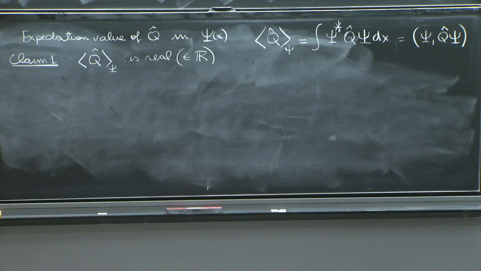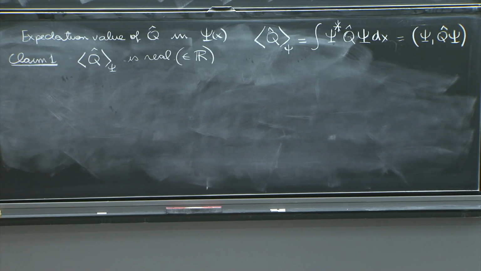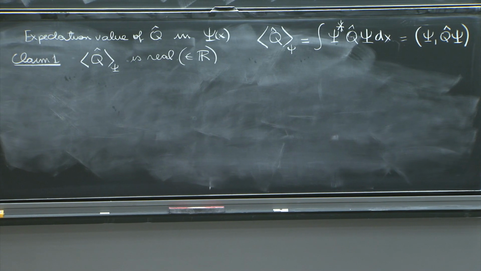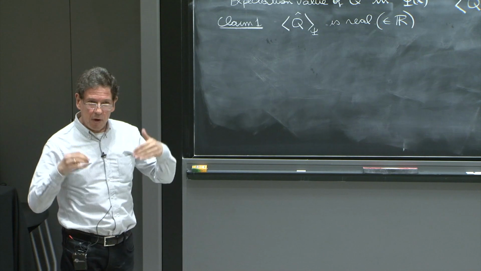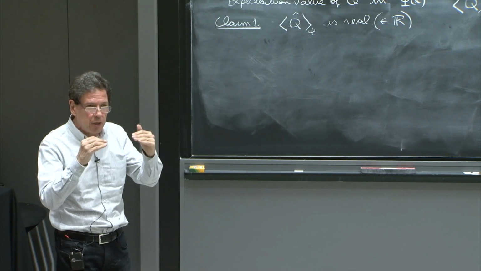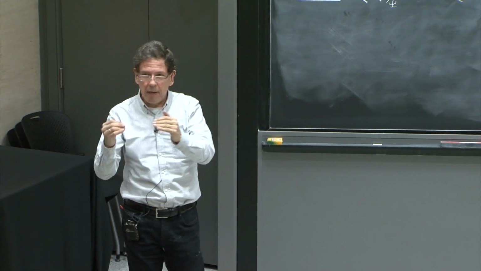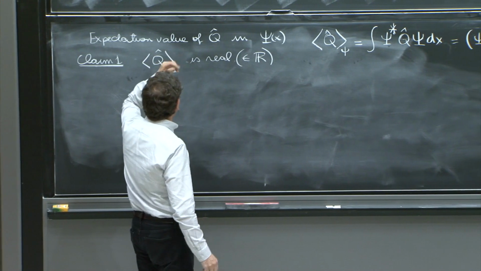That's an important thing. You have a psi star, you have a psi. Well, it had better be real if we're going to think, and that's the goal of this discussion, that Hermitian operators are the things you can measure in quantum mechanics. So this had better be real.